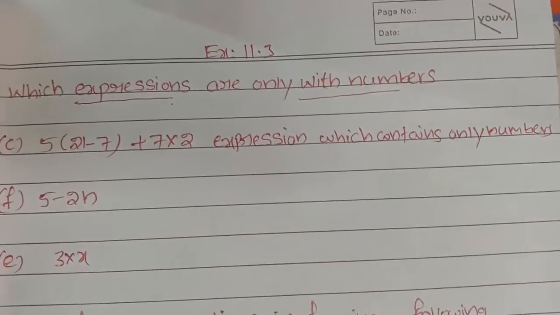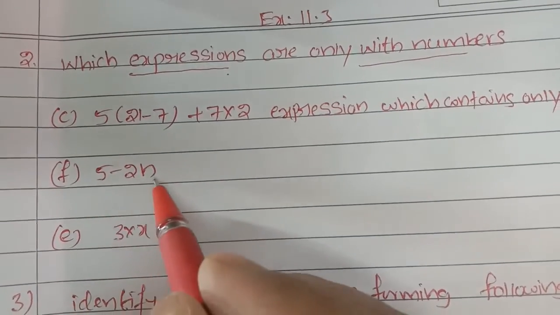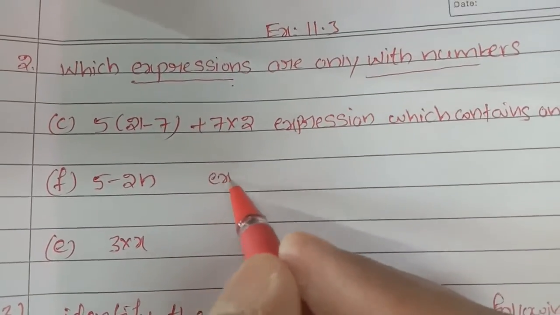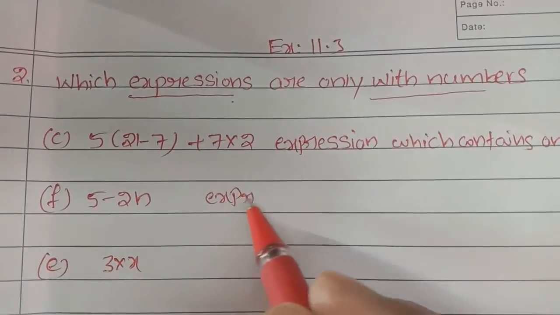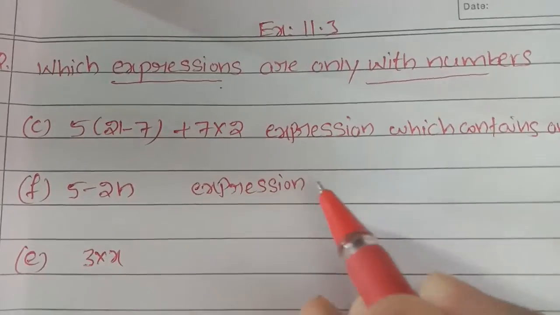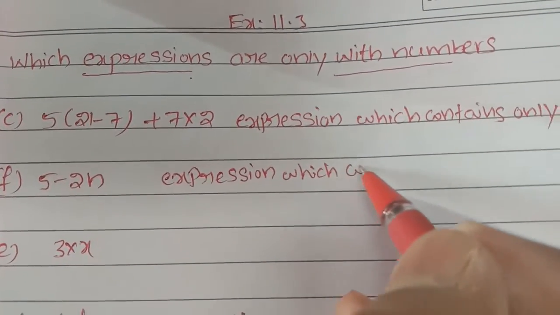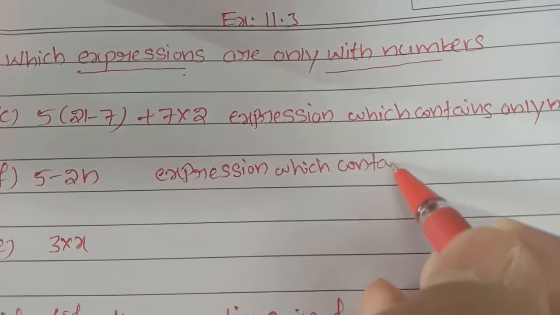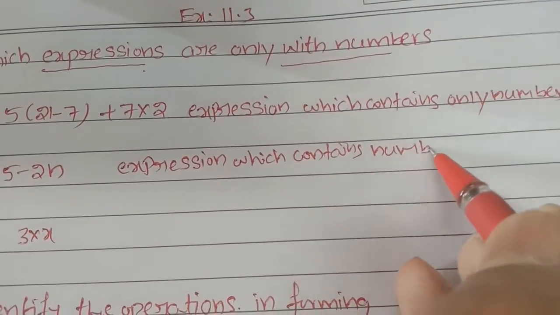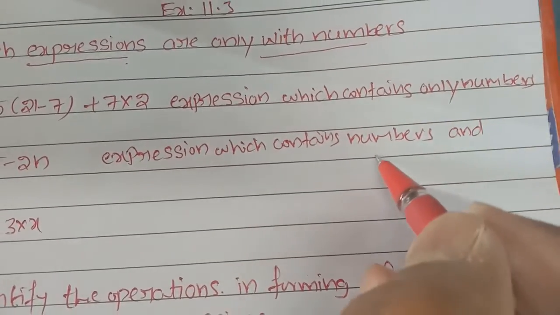There are no alphabets here. Here we can see an expression which contains numbers and alphabets. Yes, we can write here: expression which contains numbers and alphabets.